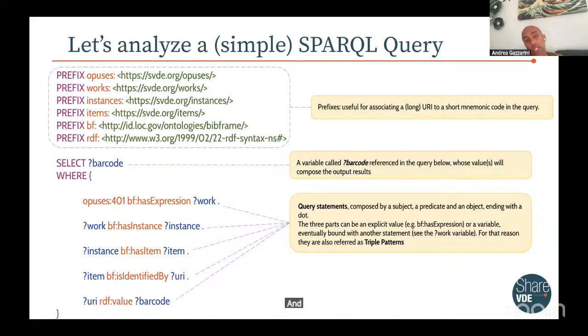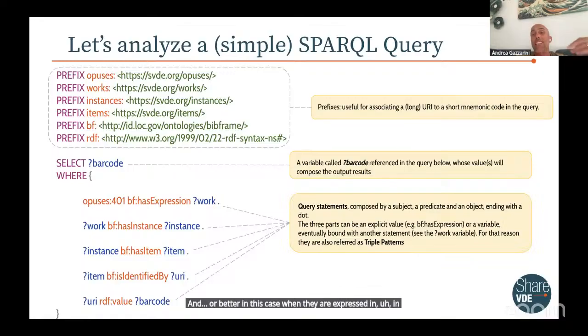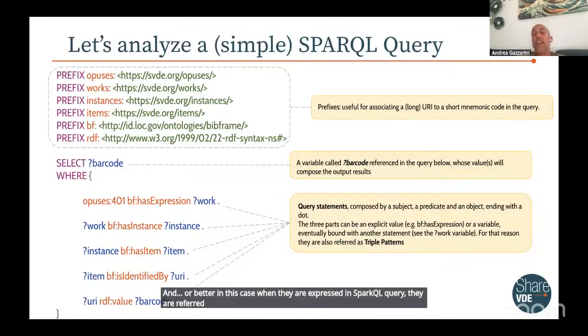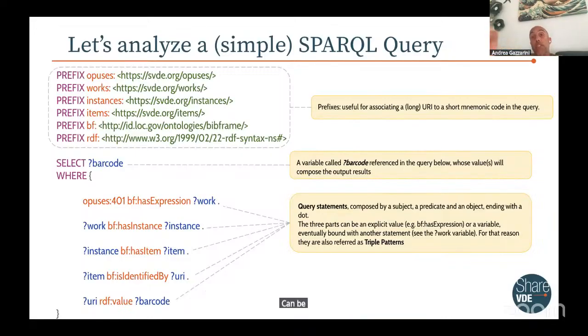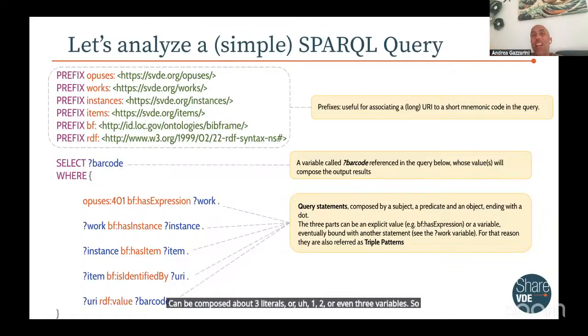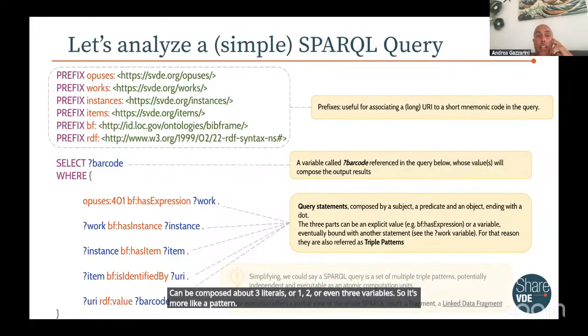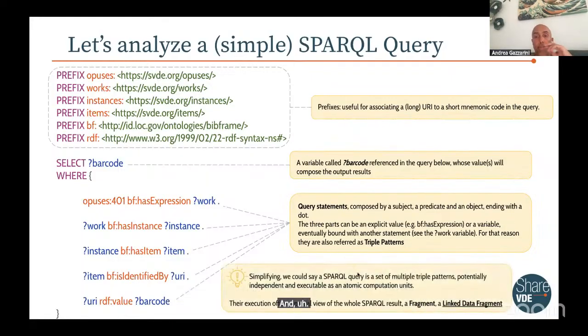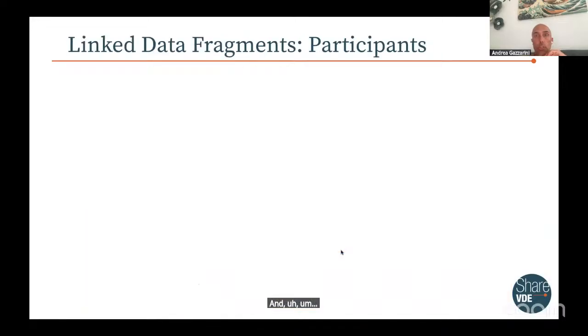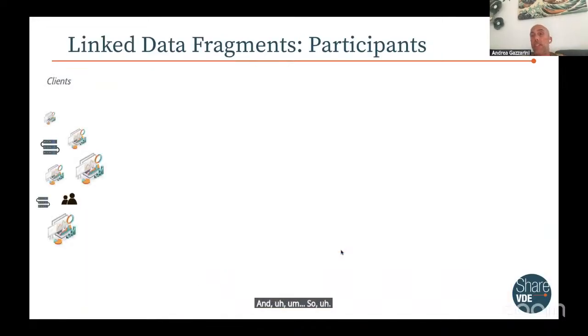Or better, in this case, when they are expressed in a SPARQL query, they are usually referred to as triple patterns, because the triple can be composed of 3 literals or 1, 2, or even 3 variables. So it's more like a pattern. And so what are the participants of a linked data fragments interaction?